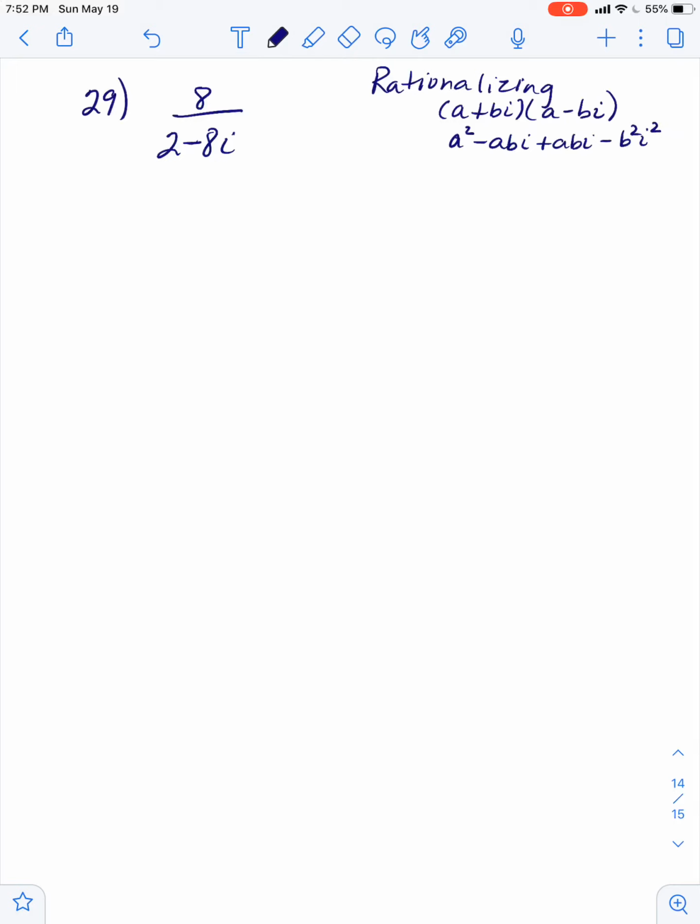But what's going to happen all the time is these two here will cancel out, and that's going to be the imaginary part of it, so that we're not going to have any imaginaries left, because over here on the other side we know that i squared is a -1, and so we can do a substitution into that.